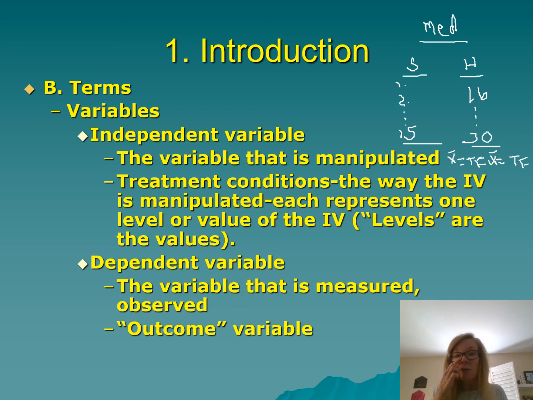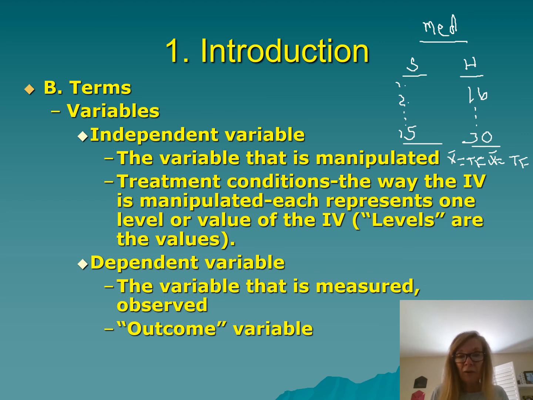So in this case, they created these different treatment conditions, they manipulated type of medication, and they had 2 levels, which were the values of those 2 different conditions, however many milligrams of Cerlect, however many milligrams of Haldol.